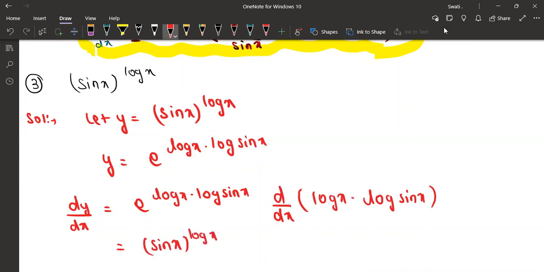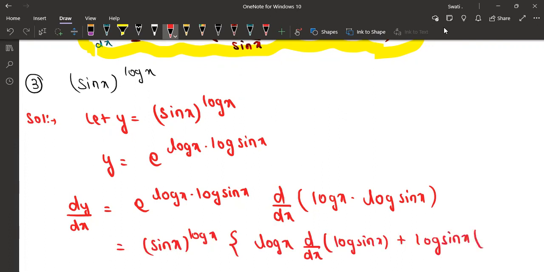And then here using the product rule, we can write this as keeping log x constant and doing the derivative of log sine x, plus keeping log sine x constant and doing the derivative of log x.